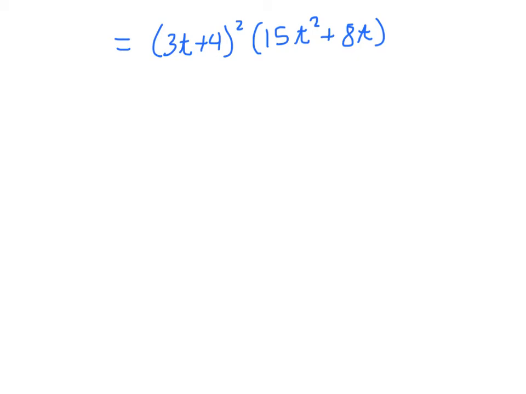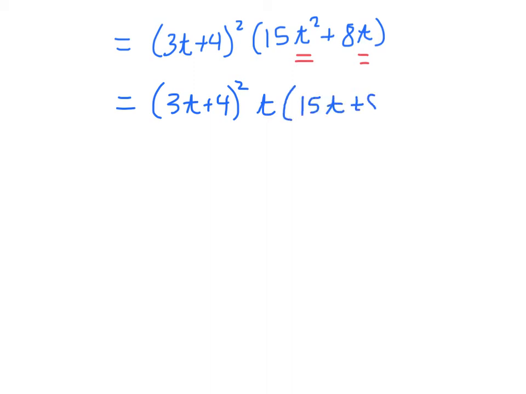We simplified the other factors and we ended up with 15t squared plus 8t, and we noticed that there's a factor of t in both of these. So when all is said and done, we can factor t out of that quantity and end up with 15t plus 8.